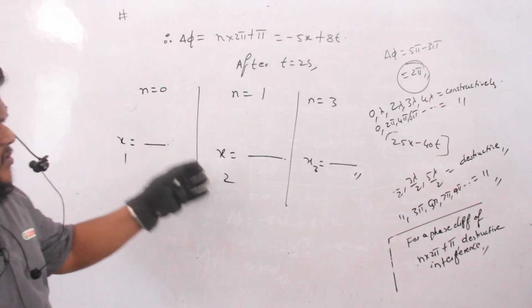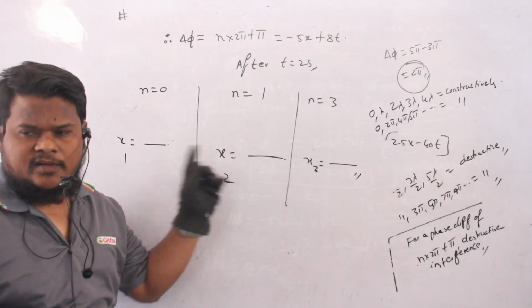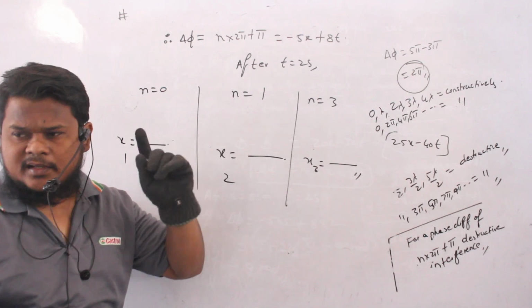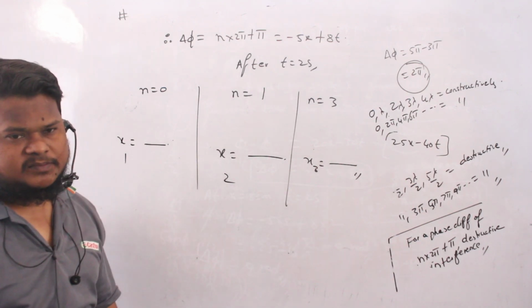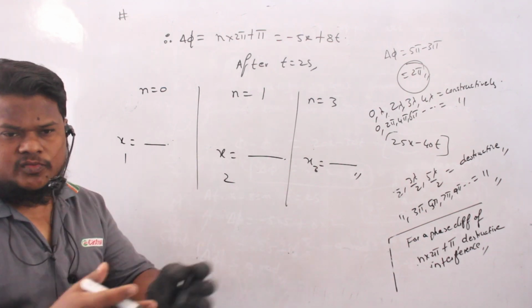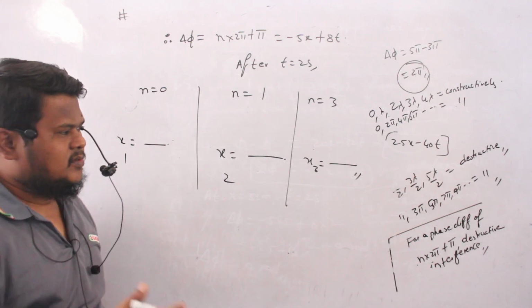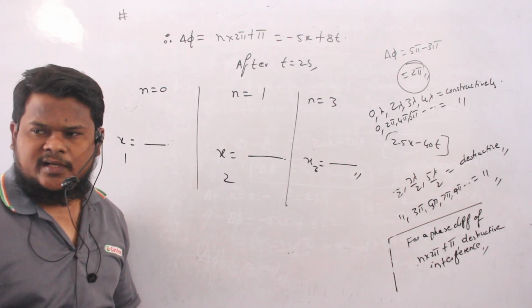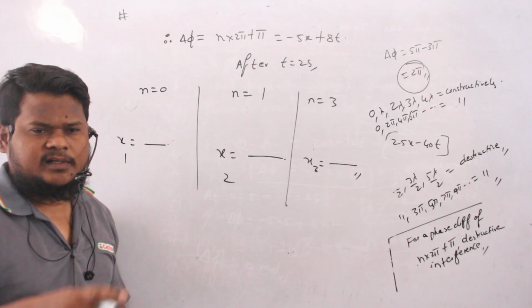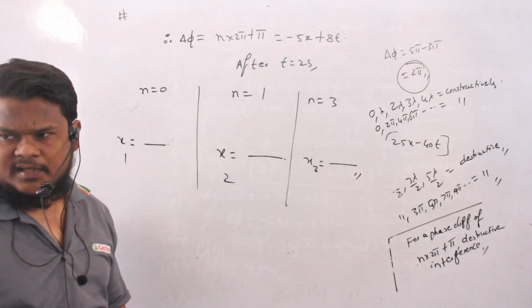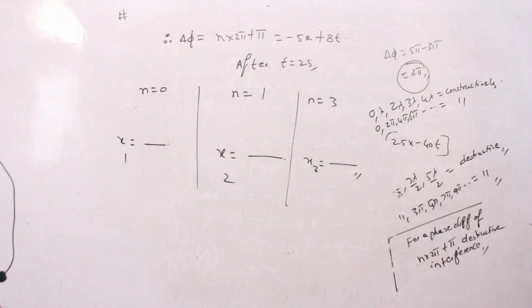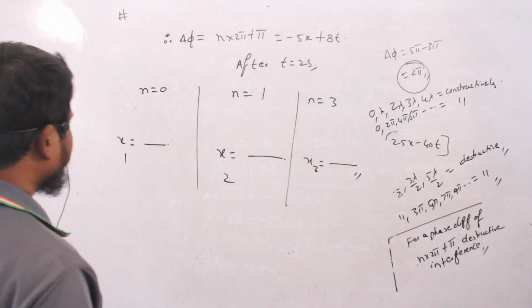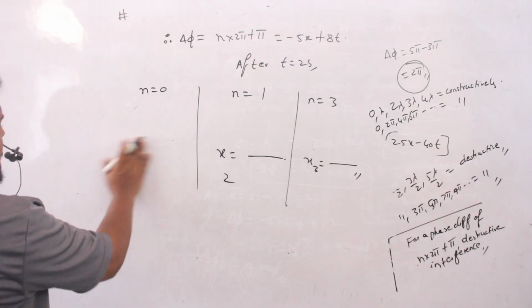Similarly, when n is equal to 3, I will get x3, the position where I am getting the third destructive interference. Are you able to understand now? So you can go on calculating the respective destructive interference distances from the point of reference. Just substitute n value 0, n value 1, n value 3, continuously you will get positions of destructive interference.